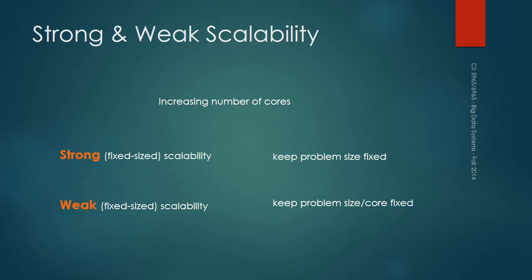Just independent processing units. This is the level of parallelism. You're increasing the level of parallelism. So we have strong, or fixed size, scalability, which basically means that with an increasing number of cores, I'm keeping the problem size fixed. Why would you want to do that? For the same problem, why would I want to keep increasing the number of cores?